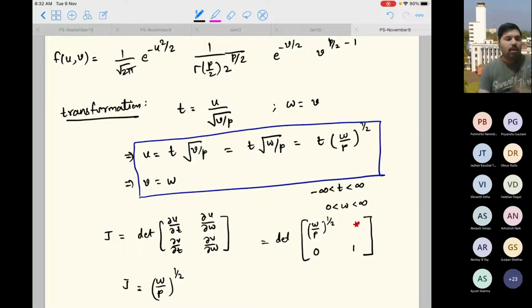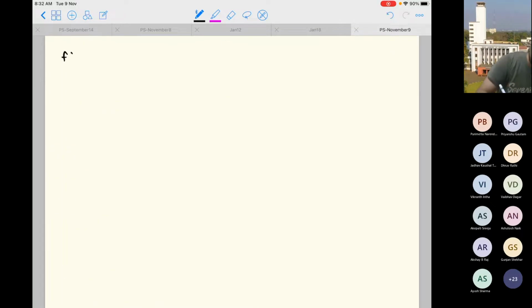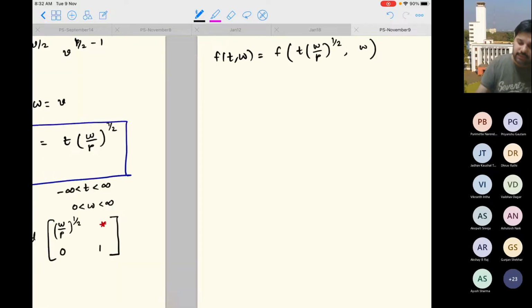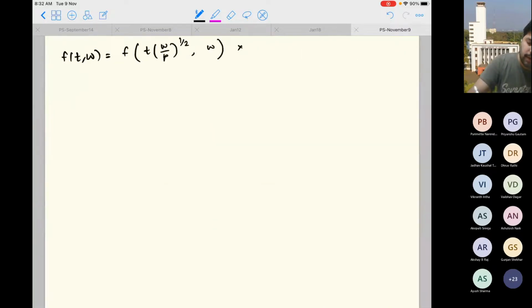So what will we do now? We will write down this density in u and v in terms of the transformed variables t and w, right? So f of t and w is f of u and v, where in place of u, I write t w by p to the power half, and in place of v, I write w, and I multiply this with the Jacobian, w by p to the power half, right?